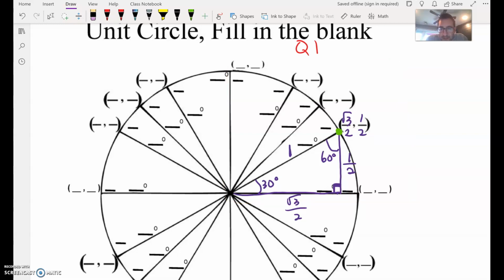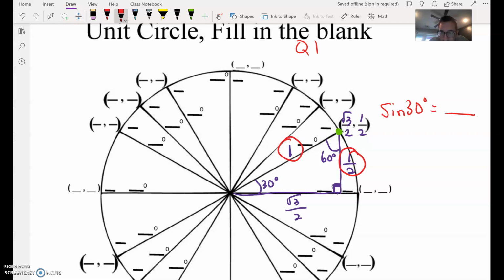Okay? And I want to make another connection because I'm going to ask you questions like this here in a second. I'm going to say, what is the sine of 30 degrees? Okay? Well, the sine, remember, is opposite over hypotenuse.